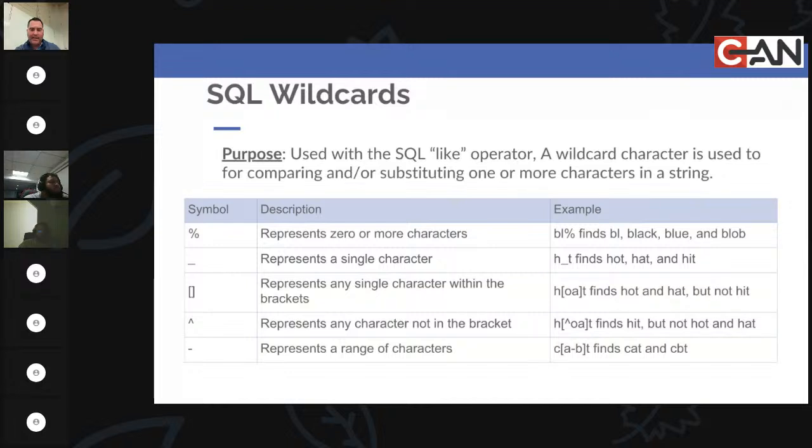We've got the underscore. So we're going to keep the H, keep the T, and that'll give us back hot, hat, or hit in that 3-letter string.